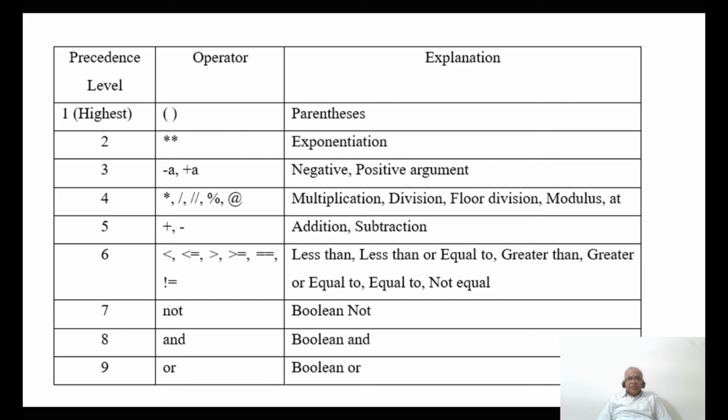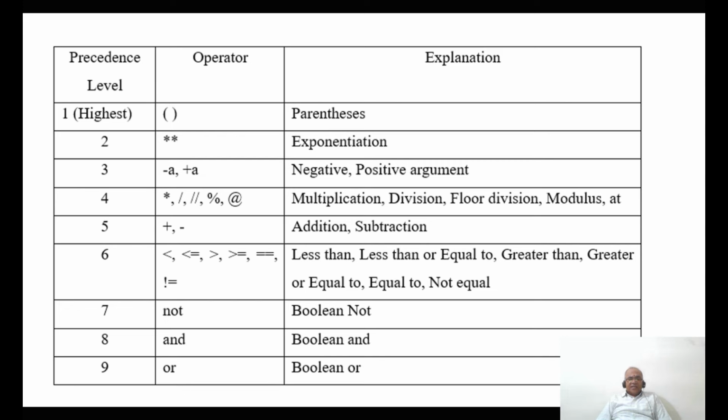Then we have the mathematical operators. First we have multiplication, then division, then floor division, then the modulus, then the at operator. Then in the fifth level, plus and minus, that is addition and subtraction.